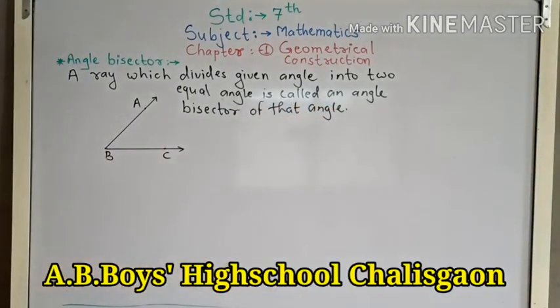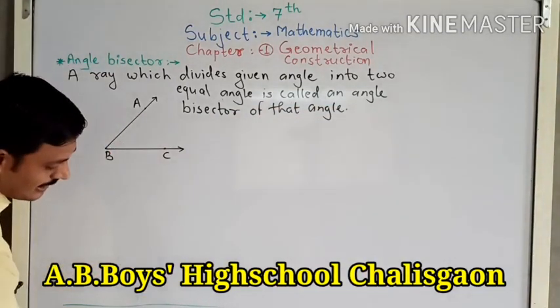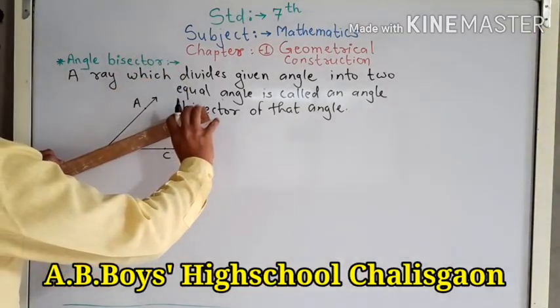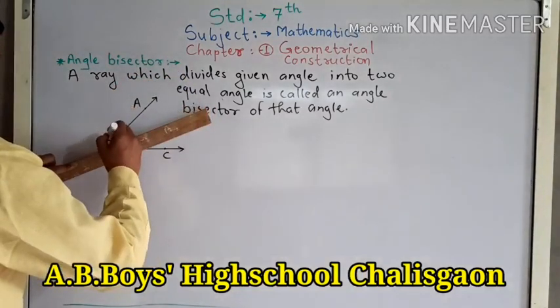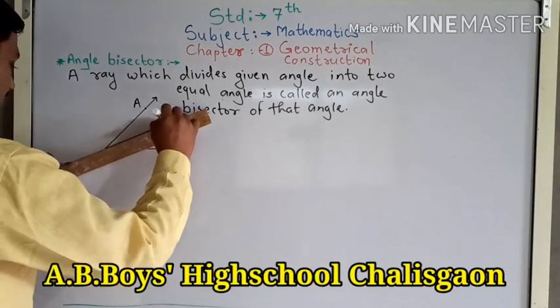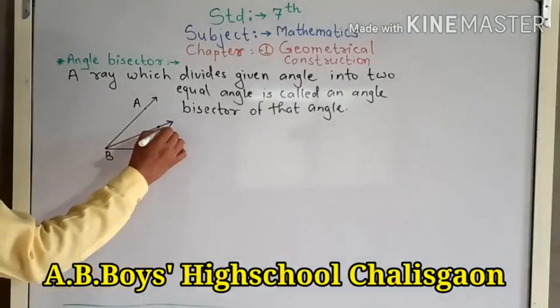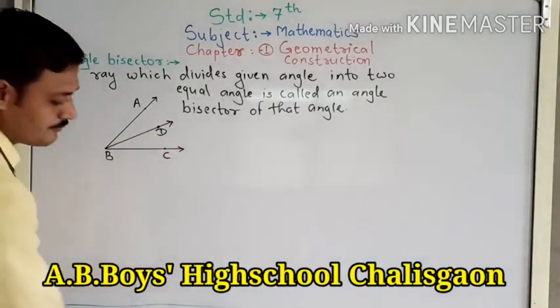Now here, if we divide this angle into two equal parts, this one is a ray, and the name of this ray is BD.